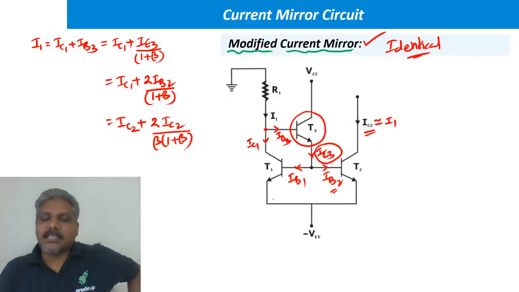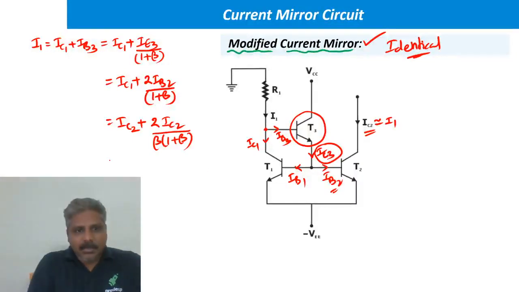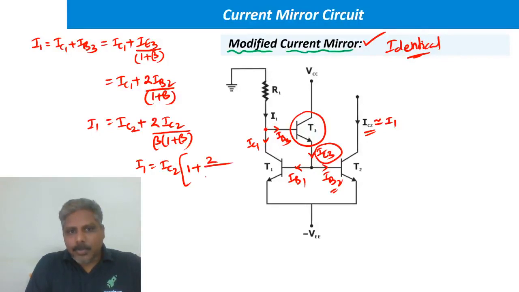This is just a relation of IB and ICs. Now this is all equal to I1 we are talking about. So what is I1 now? I1 is equal to IC2 into 1 plus 2 by beta into 1 plus beta.